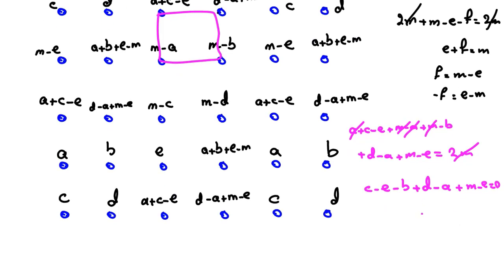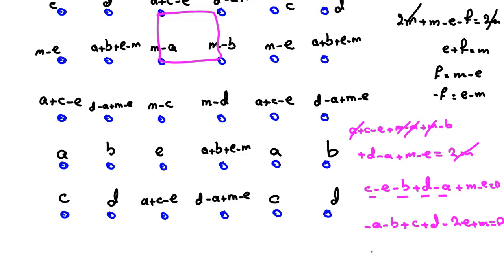Okay, so here it will be what? M equals, can we simplify anymore? No, negative A, C, E, B, D. We have 2E. So it will be negative A minus B plus C plus D, minus 2E plus M equals 0.